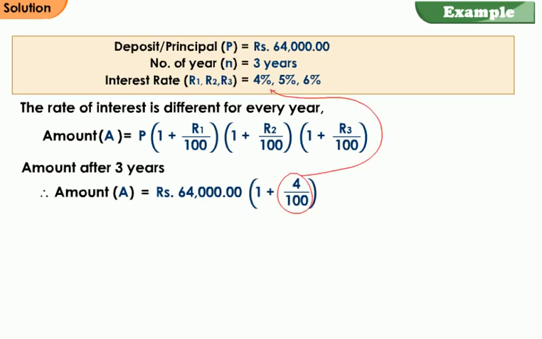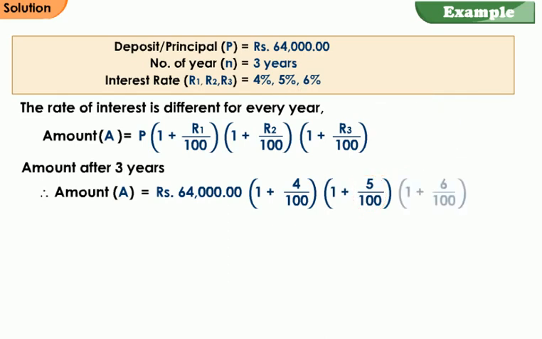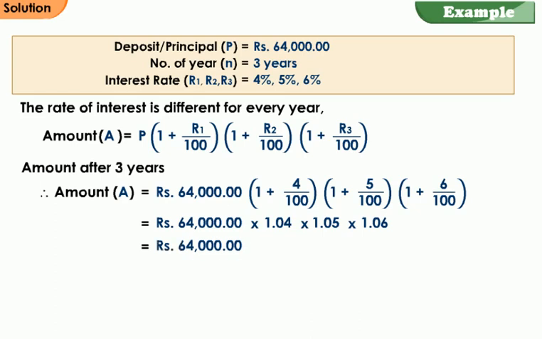This gives us rupees 64,000 into 1.04 into 1.05 into 1.06. That gives us rupees 64,000 into 1.15752. That is rupees 74,081.28.